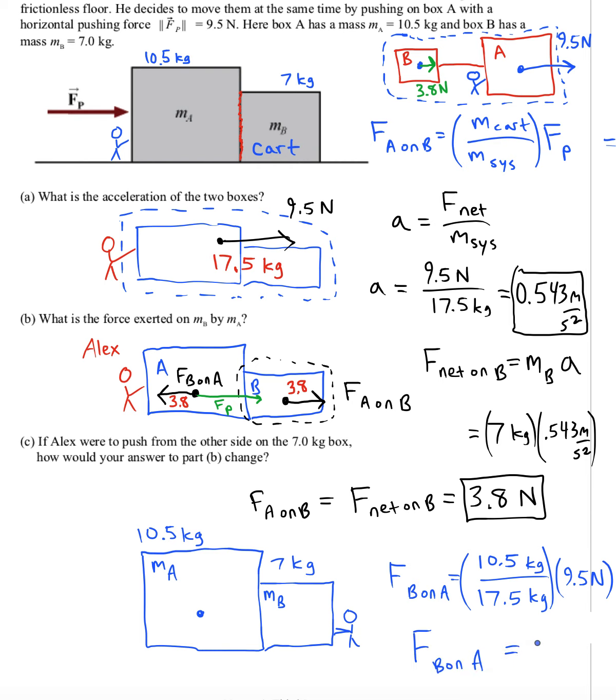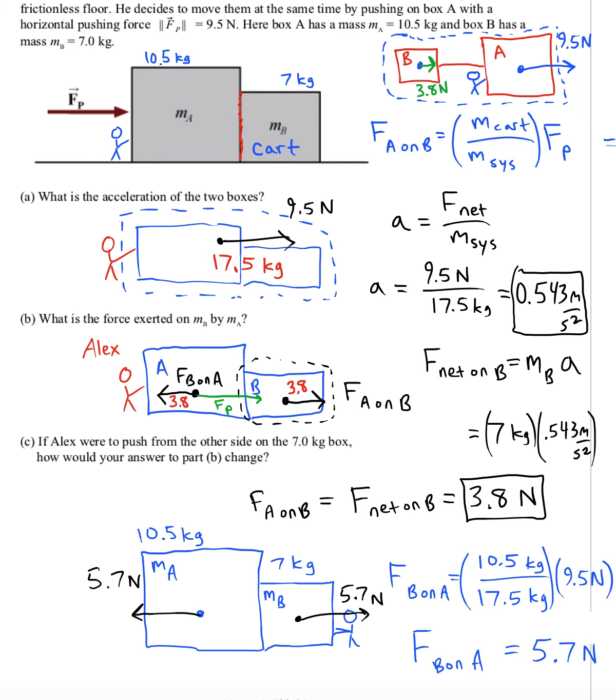Here we see that the force of B on A becomes 5.7 newtons. And this means that A will push back on B with 5.7 newtons too.